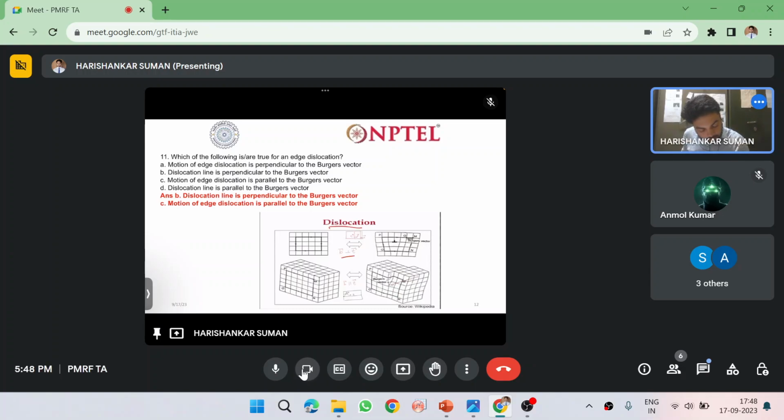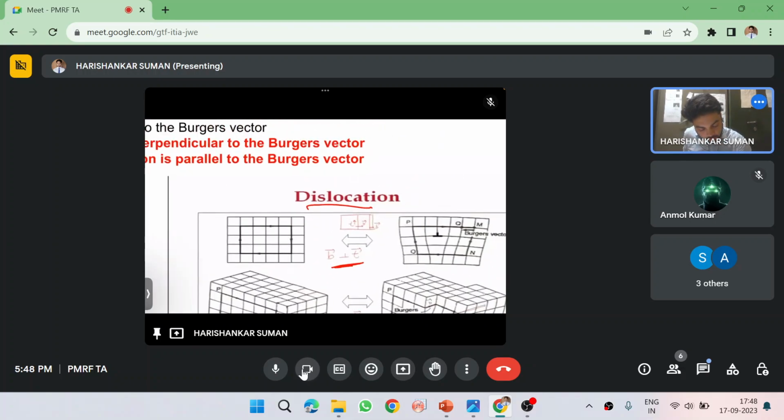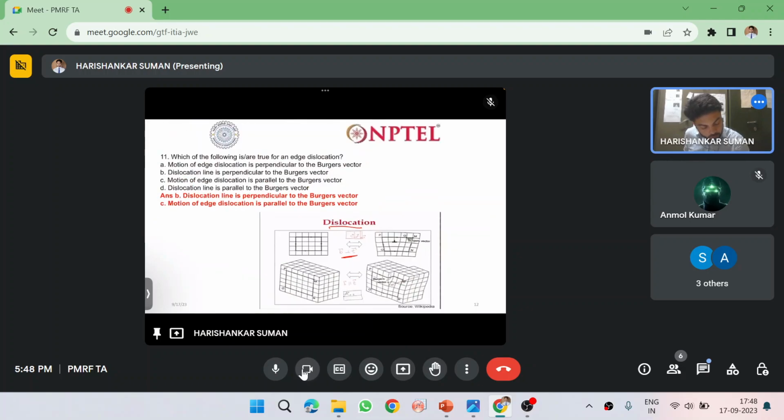It is perpendicular to the B, you can see, and the motion of the edge dislocation is here.